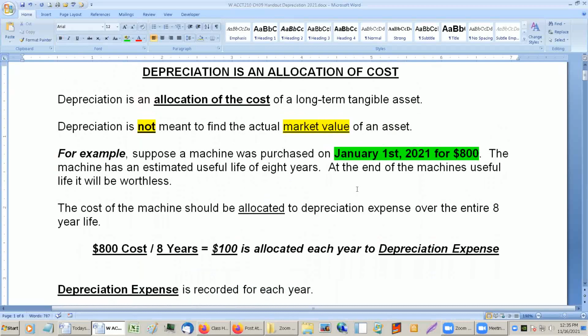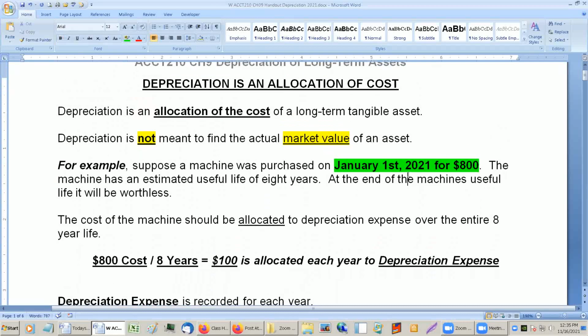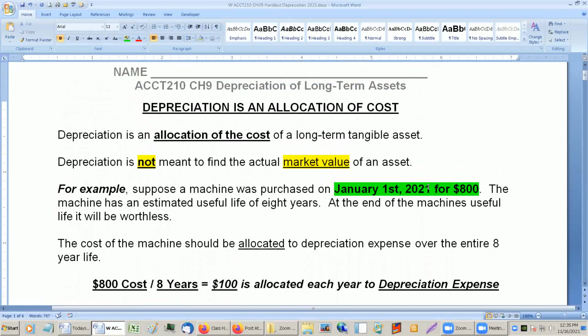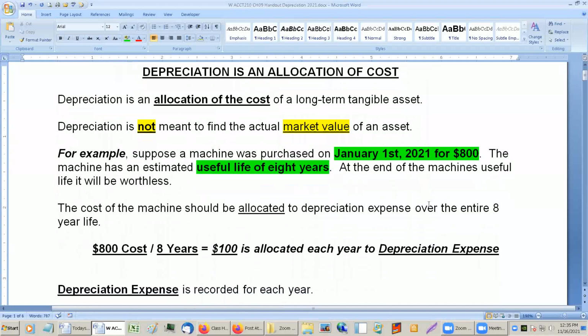A machine was purchased on January 1st for $800, and it has a useful life of 8 years. So the cost of the machine should be allocated to depreciation expense for the entire eight-year life.